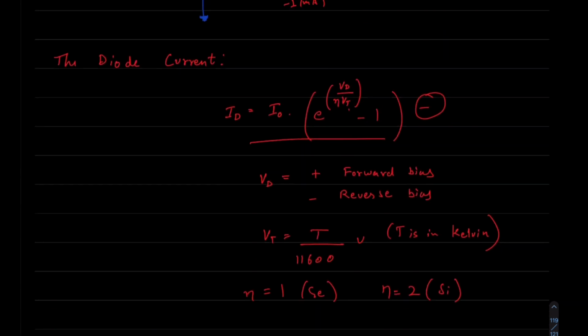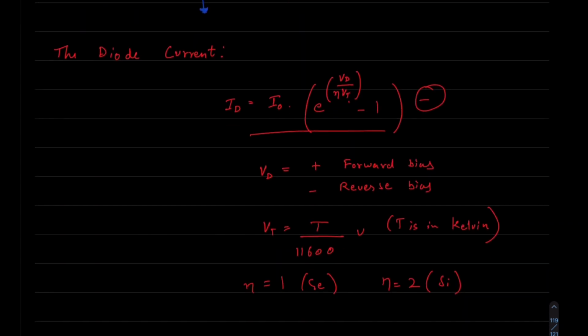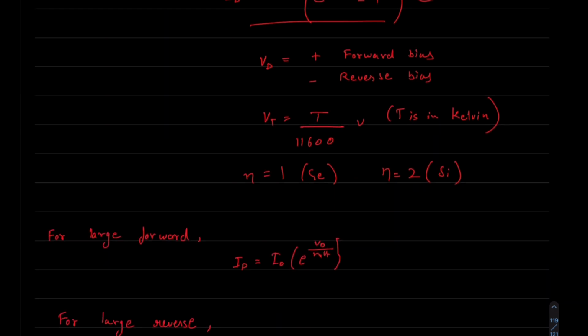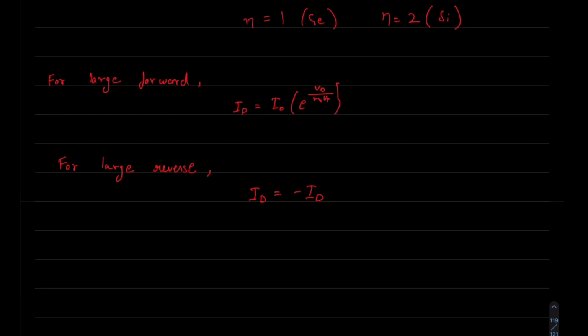So you have to remember these. You have to remember the Shockley equation, a very, very important equation, right? For large forward bias, ID is equal to I naught exponent of Vd over eta Vt, and ID equal to negative I naught.